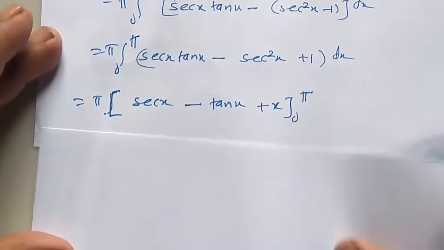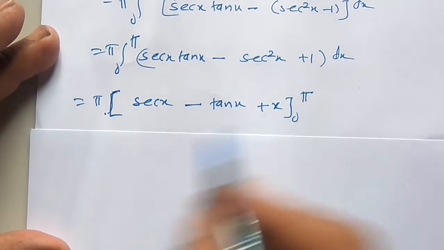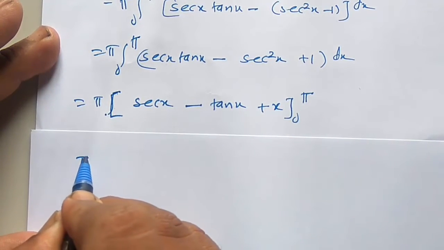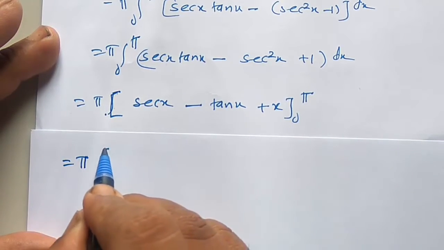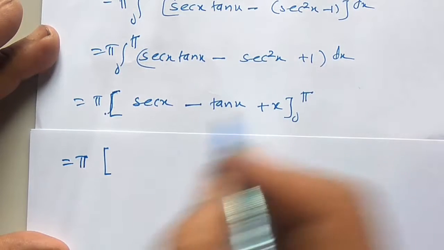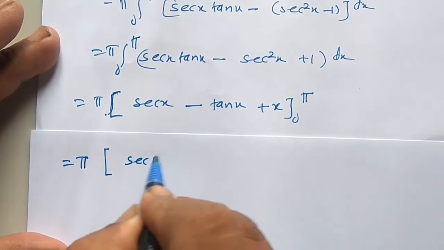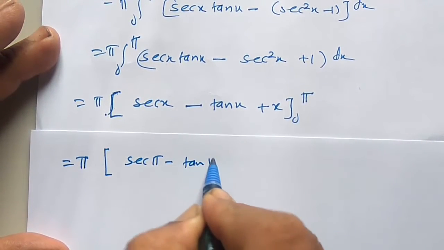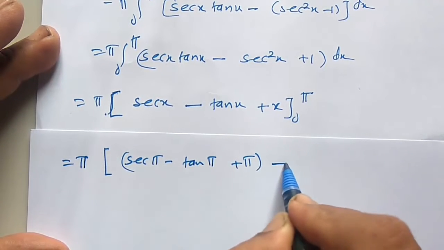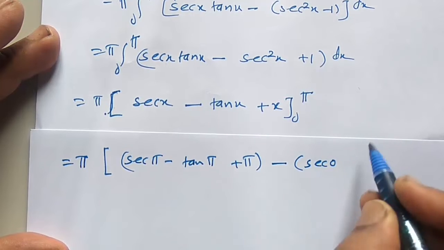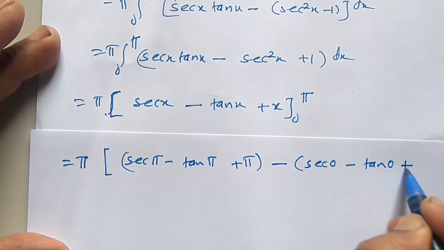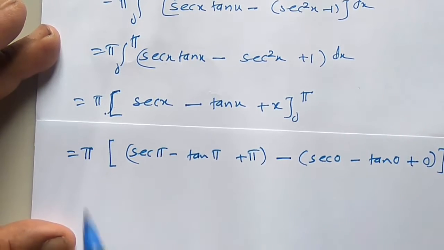Therefore, now putting the limits, pi into, by putting x is equal to pi, sec of pi minus tan of pi plus pi, bracket complete, minus sec of 0 minus tan of 0 plus 0, bracket complete.